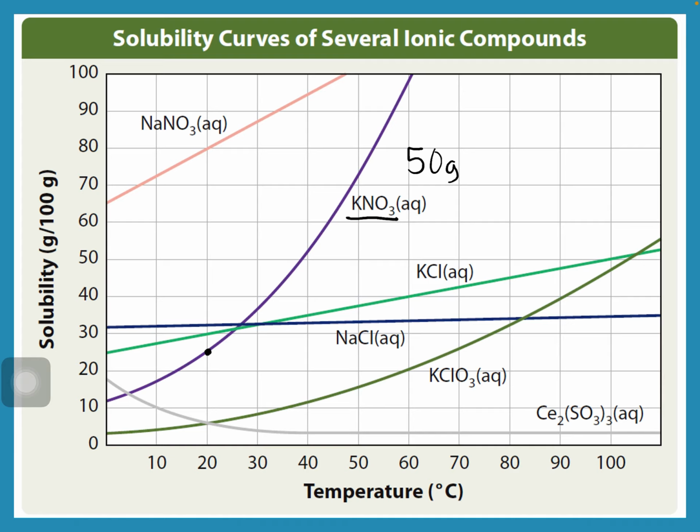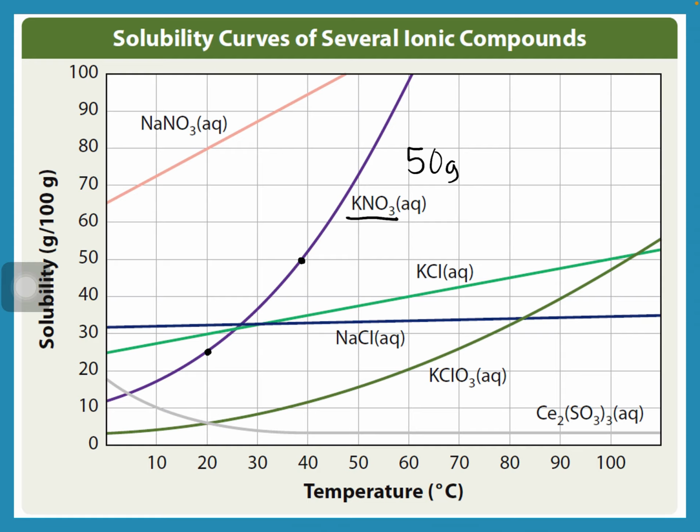The other question I could be asked here is, at what temperature would 50 grams be fully dissolved, or at what temperature would it be a saturated solution? For that, I'm going to go along the potassium nitrate curve and see when I hit 50, which is over here. That looks like it's at about maybe 38 and a half degrees Celsius.